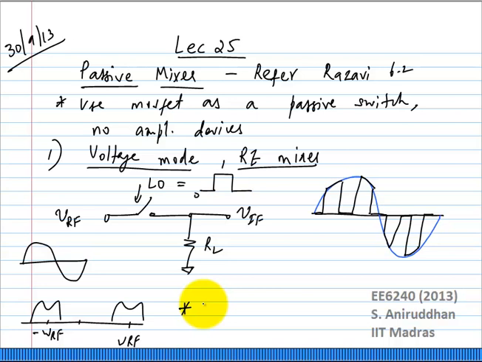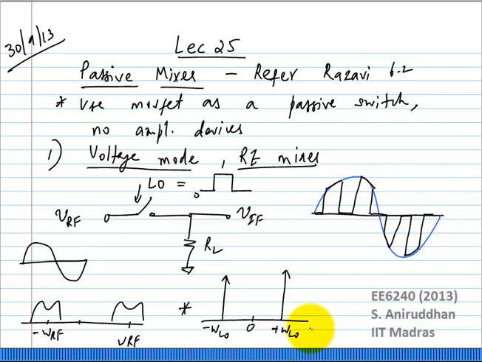We'll analyze it in more detail for the sampling mixer, but here it is just convolved with the fundamental of the first harmonic of omega LO. What is the amplitude of the fundamental?